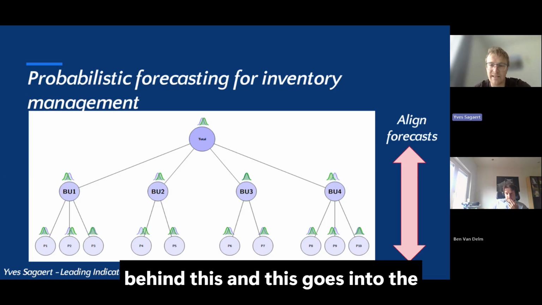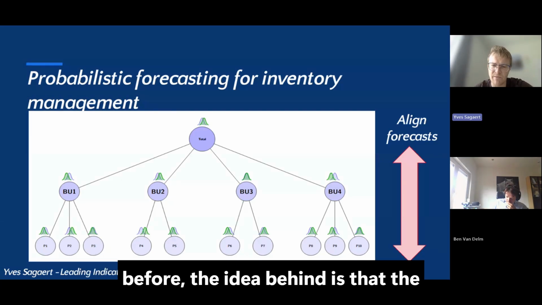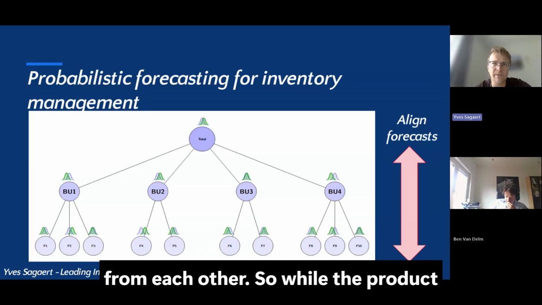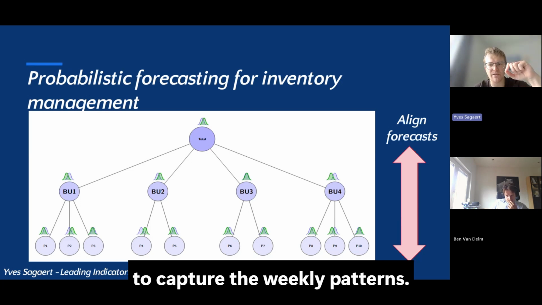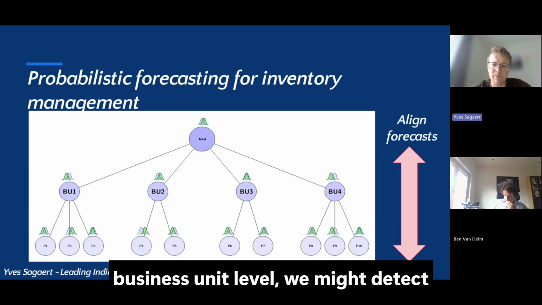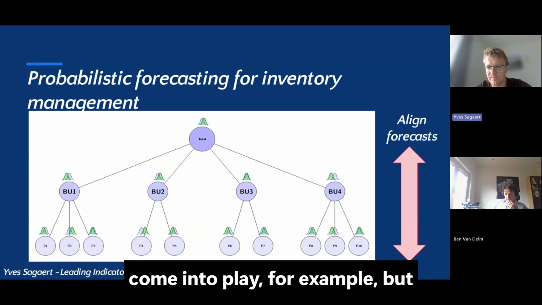The idea behind this goes into the cross-sectional reconciliation, as we saw before. The idea is that the different levels learn different patterns from each other. So while on product level we might be able to capture the weekly patterns in more detail, on the business unit level we might detect more the geographical elements that come into play, for example.